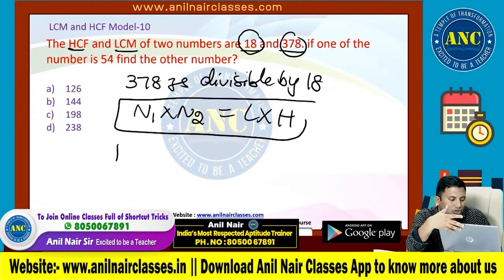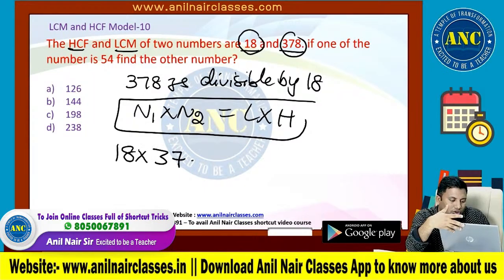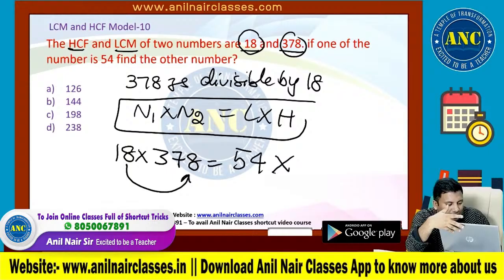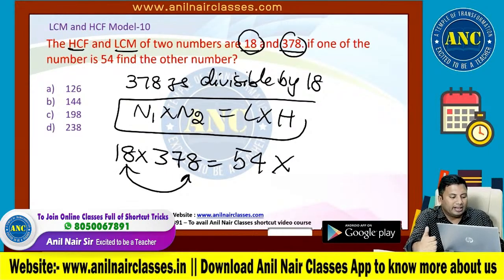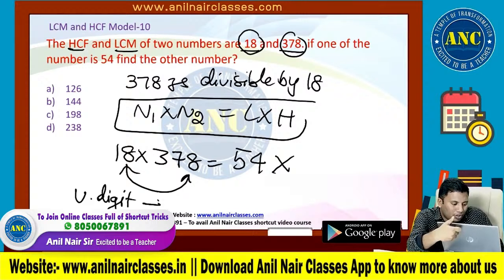You don't need to multiply anything. 18 into 378 equals, one number is 54, and for the other, 8 8s are 64, unit digit is 4. First option.